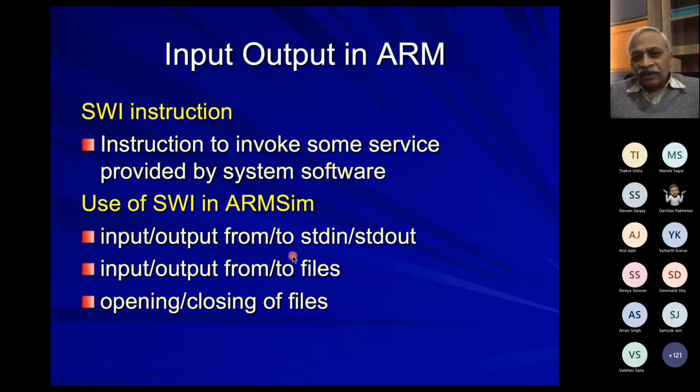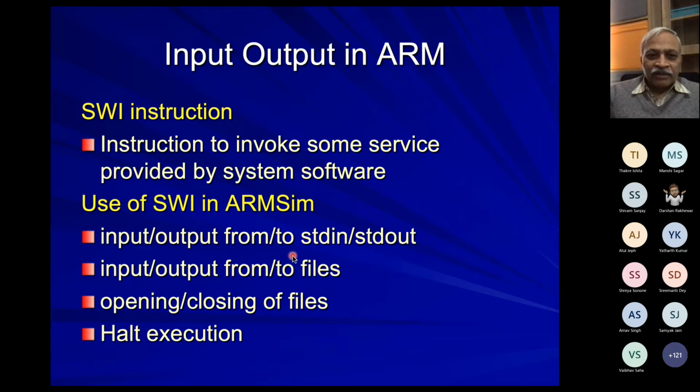So you can define a text file, for example, and read that in the simulator, or if you're producing some result, you can save it in a file. All that is done through the SWI instruction. One example of SWI we saw was halt execution. There are many more, but we'll just talk of these.